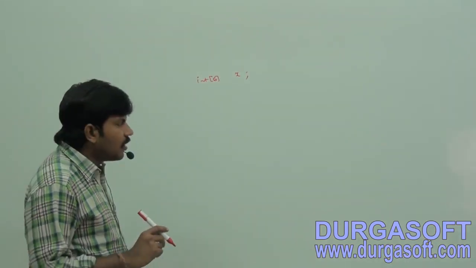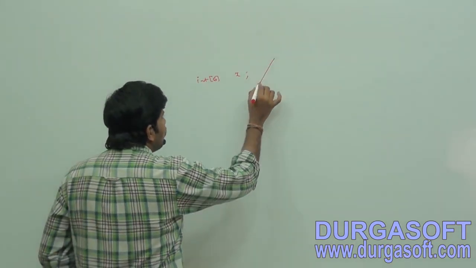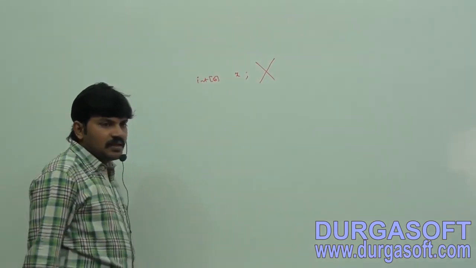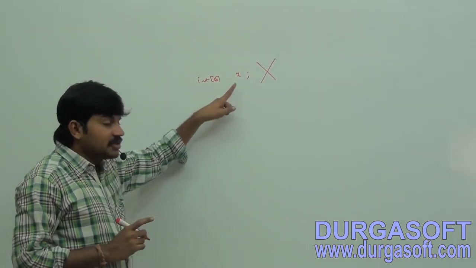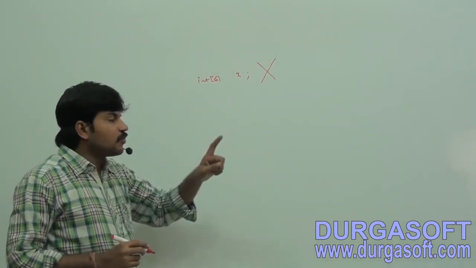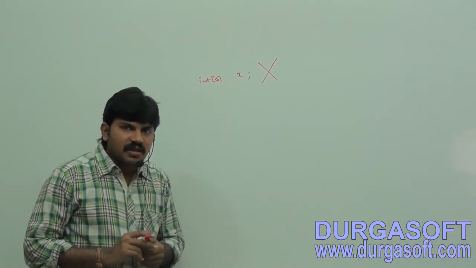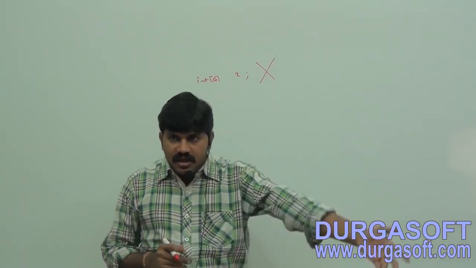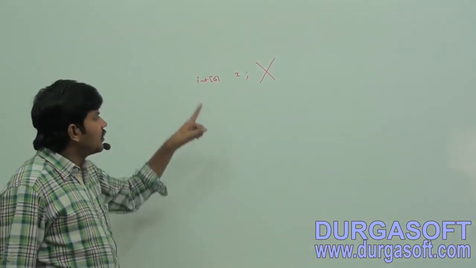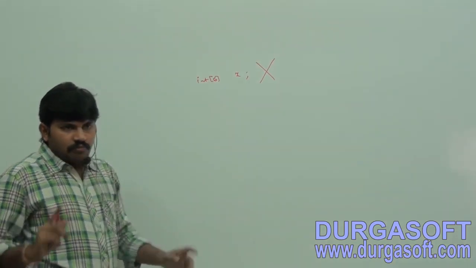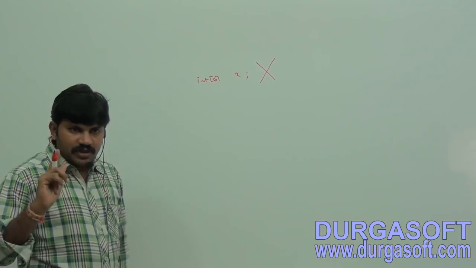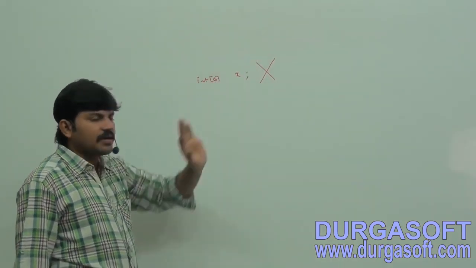Make sure the compiler is going to give an error, because at the time of declaration we can't specify the size. Actually size is required at the time of creation. At the time of declaration we can't specify the size. By mistake if you try to specify the size, immediately we are going to get a compile time error.